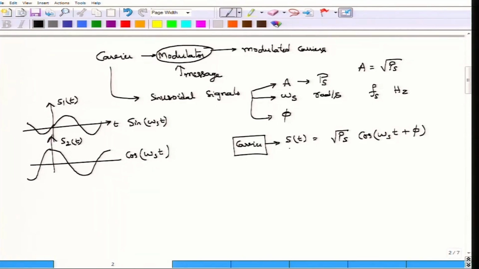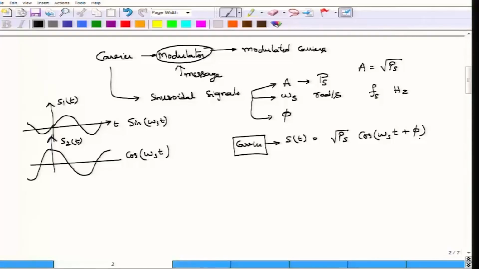Remember, the carrier description does not say whether this waveform is described in the optical domain or in the electrical domain, because the functional characterization is the same regardless of whether you are in the electrical domain or the optical domain. So, this could very well represent an electrical sinusoidal signal. It could also represent an optical signal of frequency omega s.